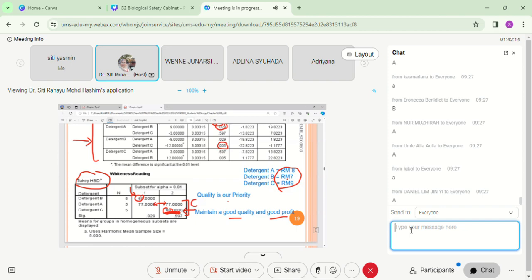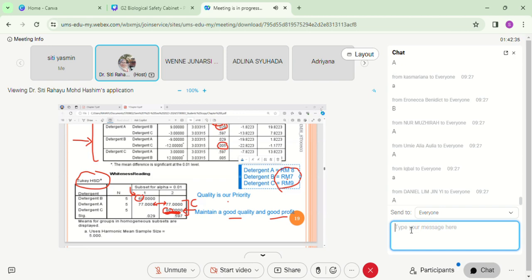Yeah, I know for those who answer B, because you see that the price is lower. Those yang jawab B, siapa yang kejap saya salah apa? A, B. Okay.